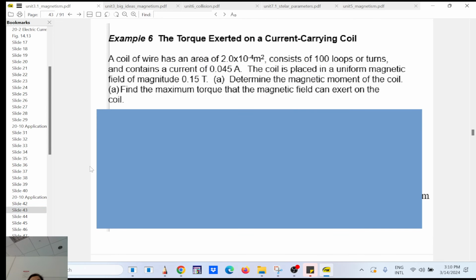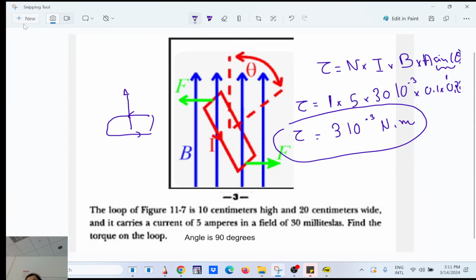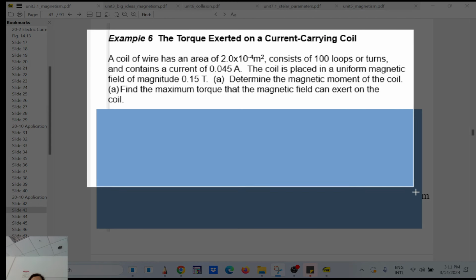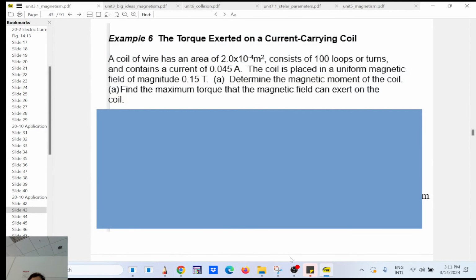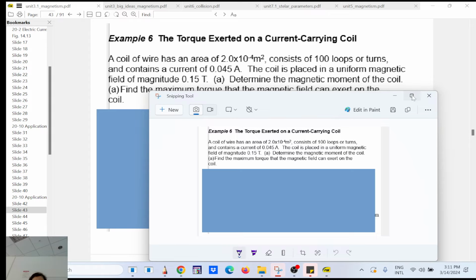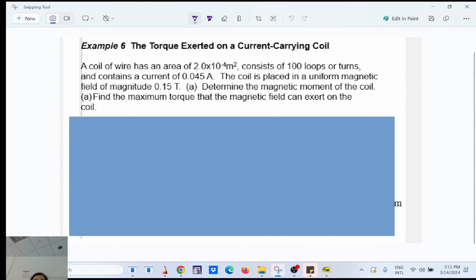Okay, so let's try to do this one. So the magnetic moment, I will give you the definition, that will be easier. So what's the magnetic moment of a coil?